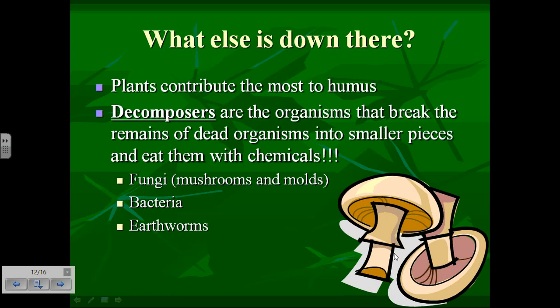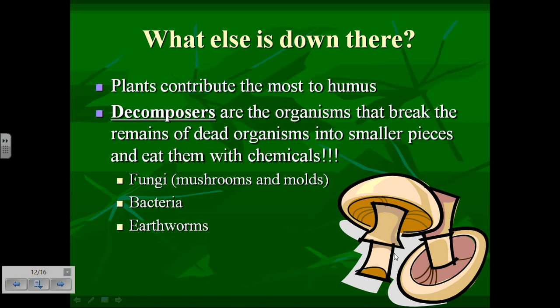Now, what else is found in soil? Well, there's a lot of things that contribute to soil and it being mixed and gaining its nutrients. Part of it is plants, which contribute the most to humus. Decomposers, another contributor, are the organisms that break the remains of dead organisms into smaller pieces and eat them with chemicals.